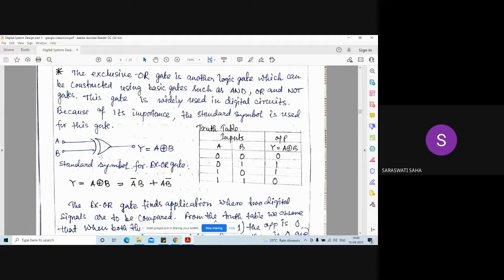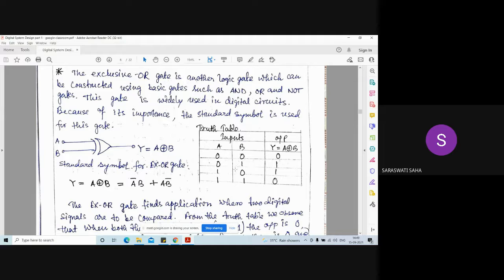As this gate has various functions, it is known as the exclusive gate. Now see the operation of the exclusive OR gate. From the truth table, I am giving you the operation tips to remember it.